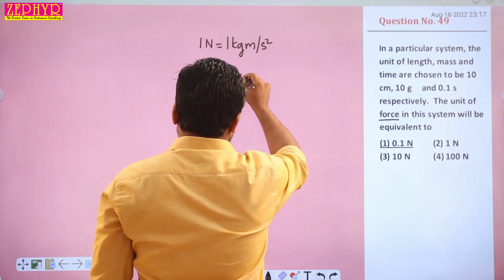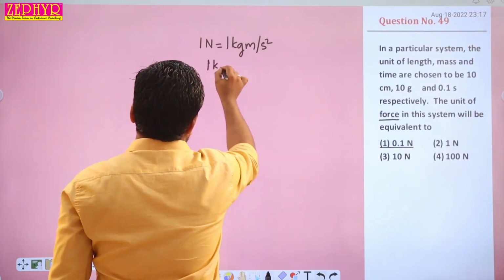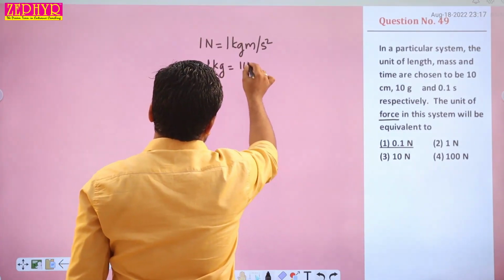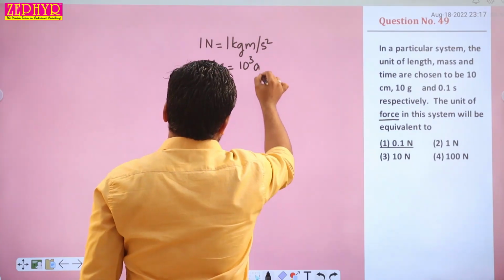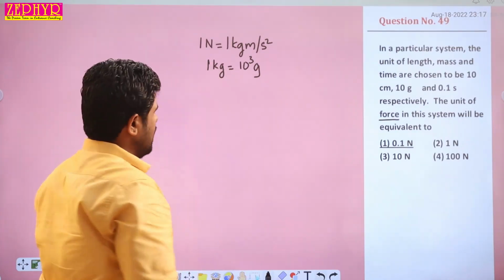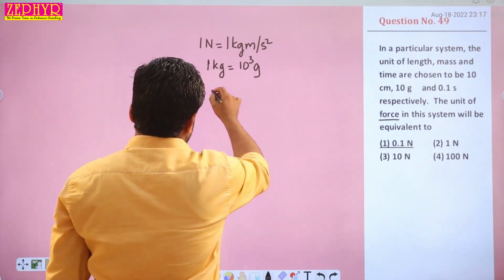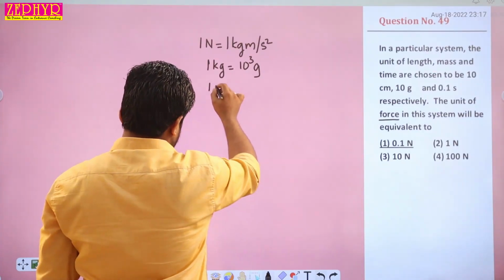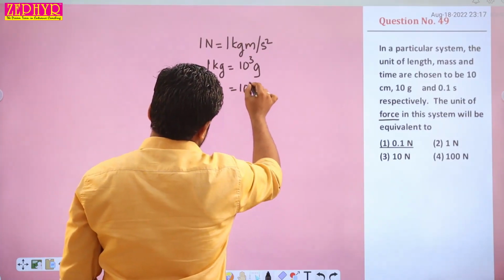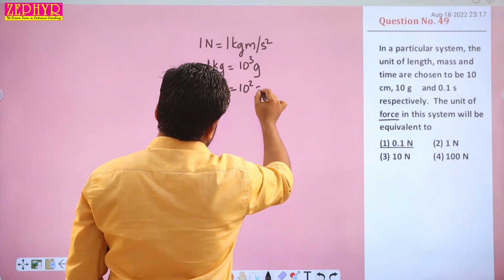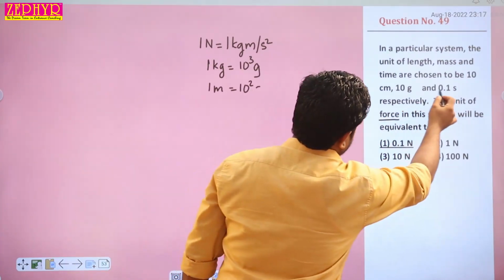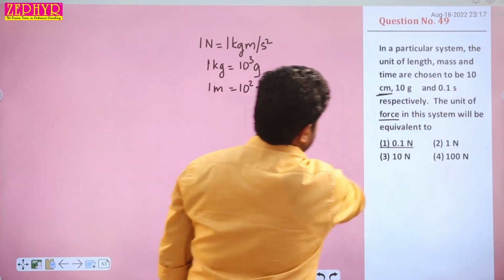Then we know 1 kg is equal to 10 raised to 3 gram. 1 meter is equal to 10 raised to 2 centimeter, the unit of length.